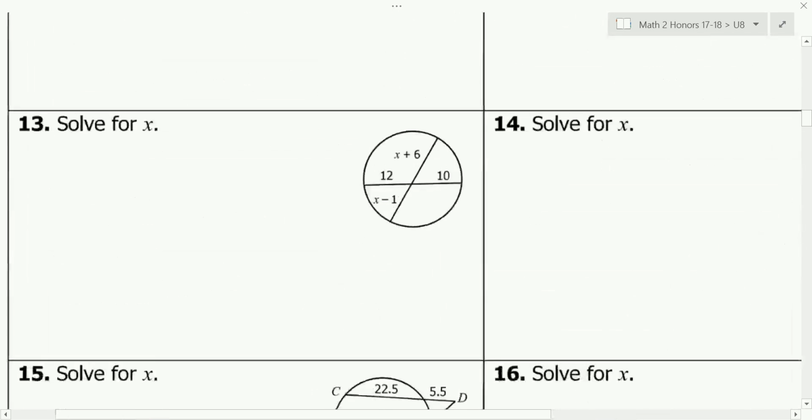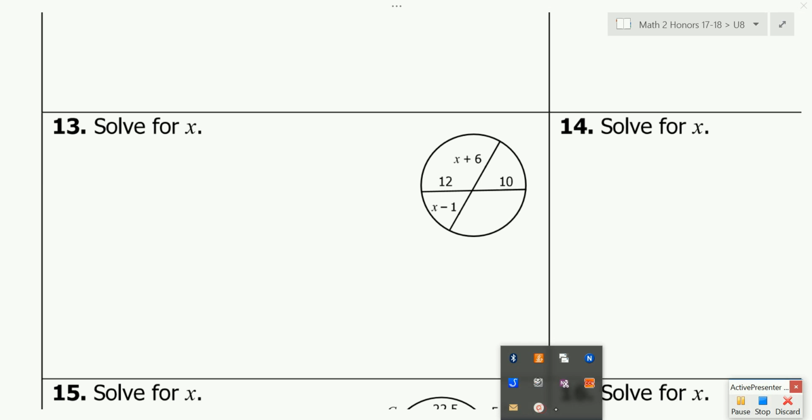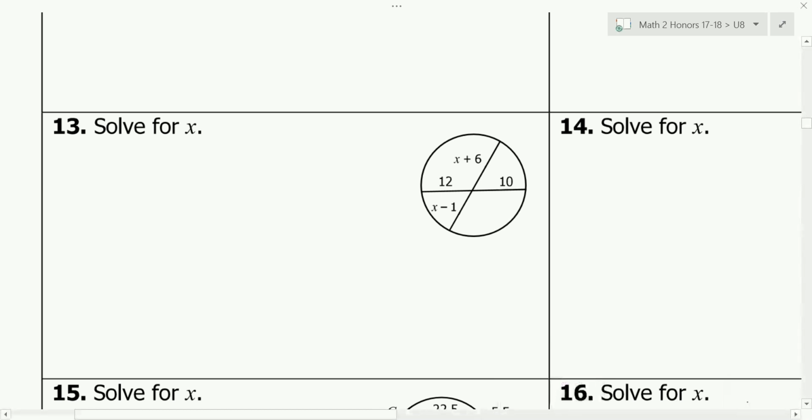So I'm going to really trick you now. Try 13. So here we should have set it up. x plus 6 times x minus 1 is 12 times 10. Everybody start like that?